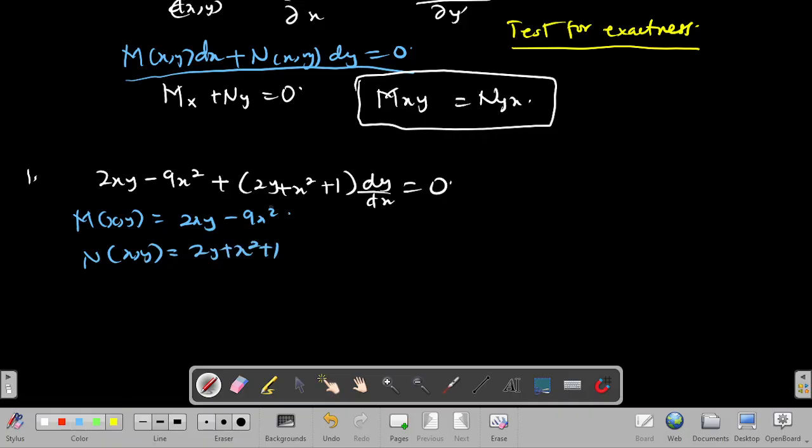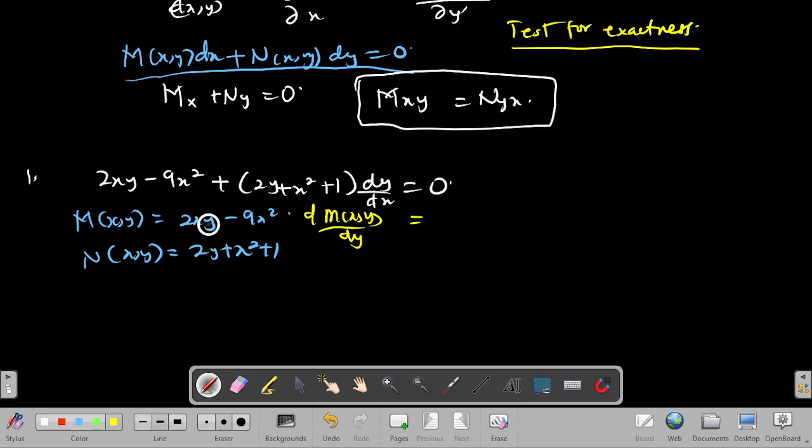The test says that we should differentiate the M part with respect to y. Let's see what we are going to get. When I differentiate with respect to y, any variable that is not y is a constant.